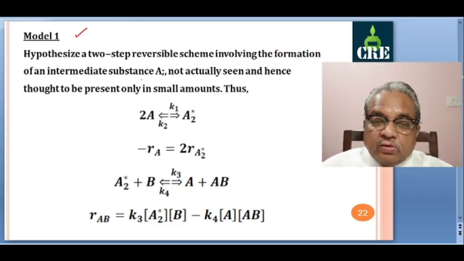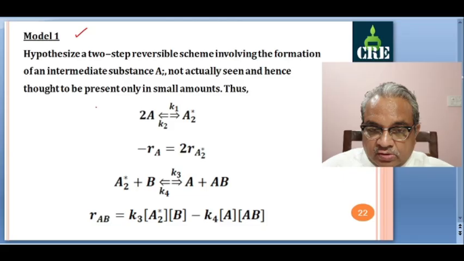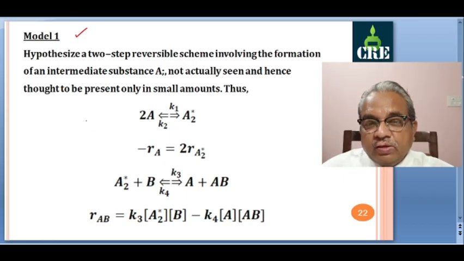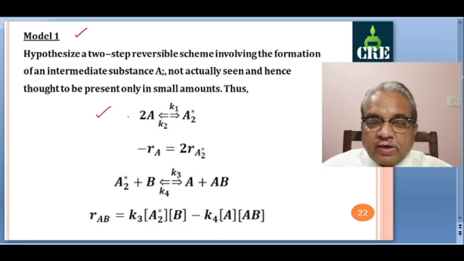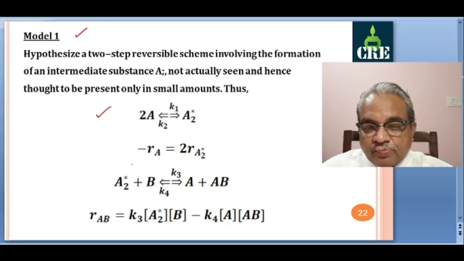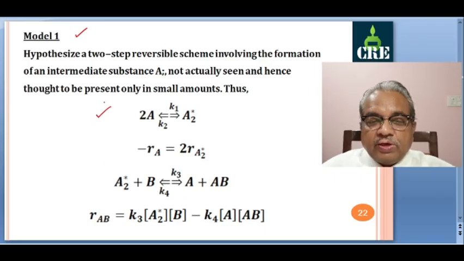Then that mechanism is nothing but your non-elementary reaction split into a number of elementary steps. Then the formation of activated complex and so on, and then finally you determine with this proposed model what rate law you get, and that rate law you have to match with the experimentally determined rate law.